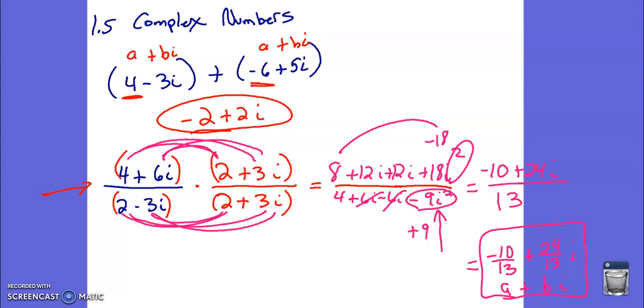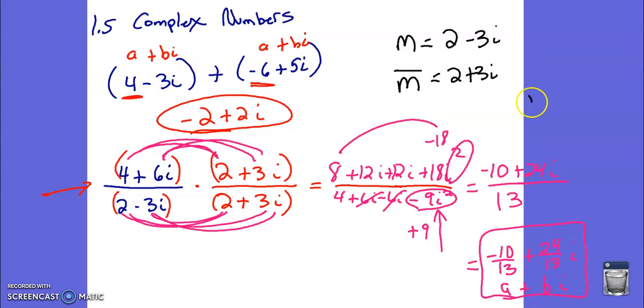And then just one final comment. If I said something like m equals 2 minus 3i, if I just let m equal that, then as far as the notation is concerned, if I do m with a bar over it, that is the conjugate of that. So this would be 2 plus 3i.